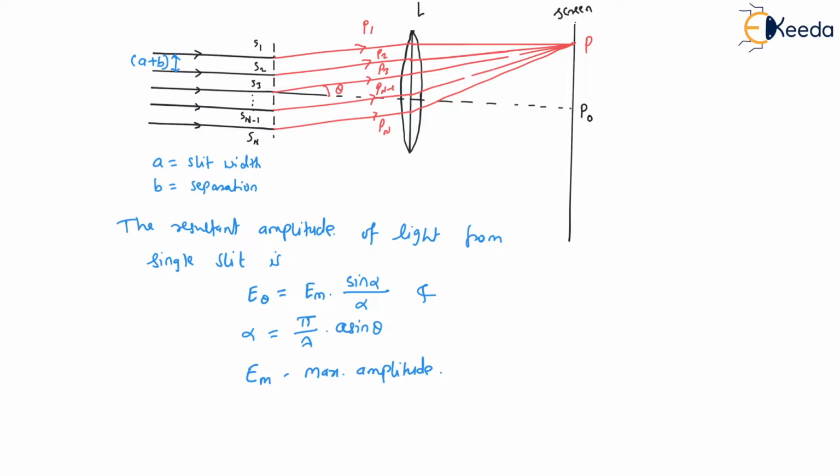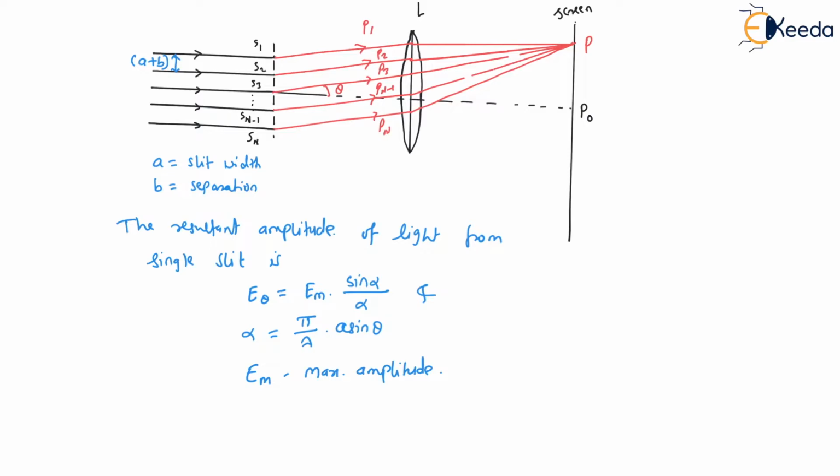So we will have n resultant amplitudes, and we will find the resultant of all of them, because that is the resultant amplitude at this particular point P. Whatever disturbance is produced at point P will be the resultant of all these n diffracted rays. We'll do that, but before that, we will find the path difference.